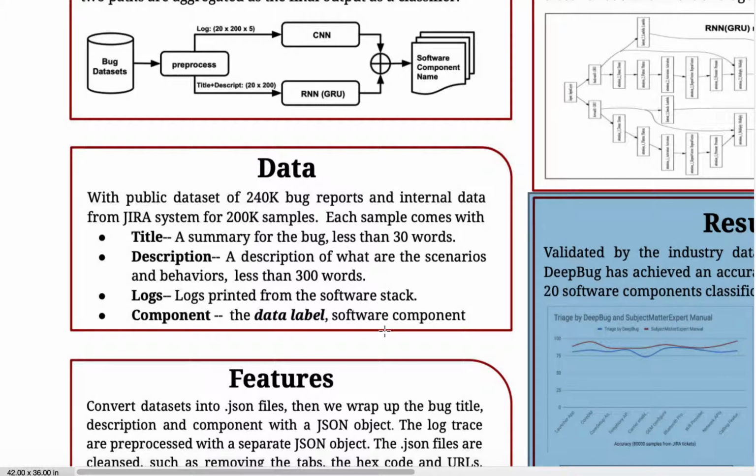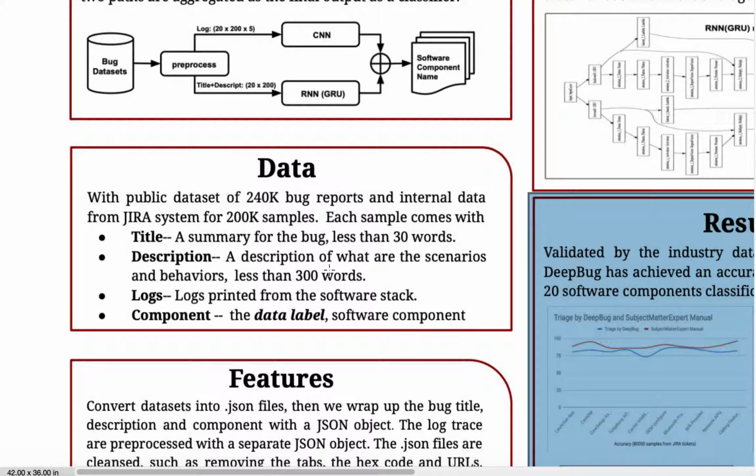We have trained our model with public datasets such as the Chrome and Firefox projects, and we also validated and further built our model with an industrial dataset and our internal dataset from the Jira system for bug reports.